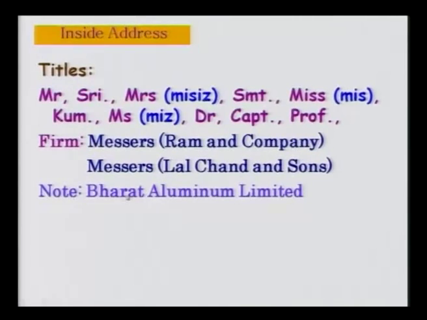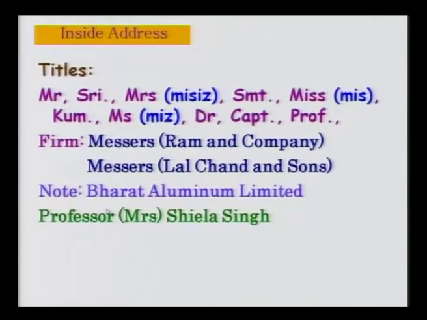But if it is referring just to the name of the company, like Bharat Aluminium Limited, you need not use Messrs. here. Whereas, in case of a married woman who is a professor, it is better that you use the title Professor as well as, within brackets, indicate the status of the person.